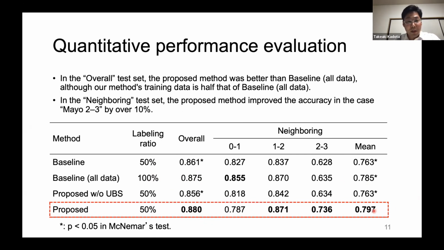In the neighboring test dataset, the proposed method was also better than all comparative methods. The proposed method improves the accuracy in the cases Mayo 2-3 by over 10%.